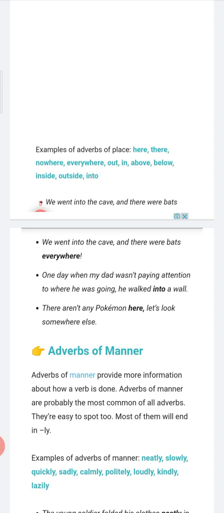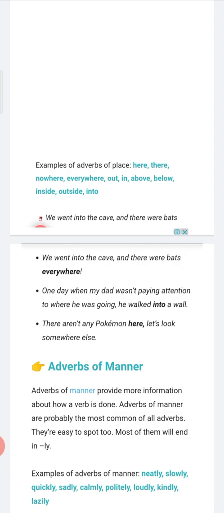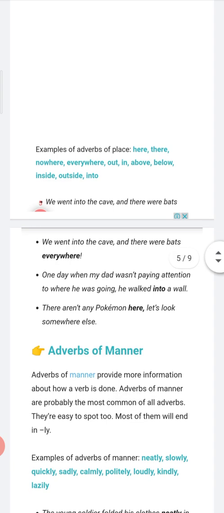One day when my dad wasn't paying attention to where he was going, he walked into a wall. He was not attentive, maybe a little distracted, so he walked into the wall. Then, there aren't any Pokemon here, let's look somewhere else.